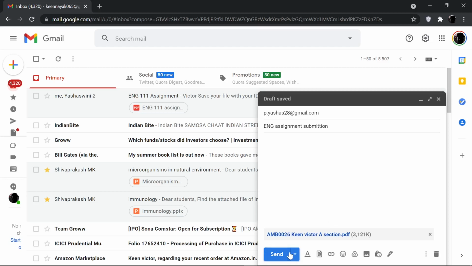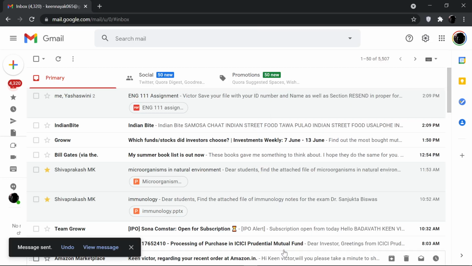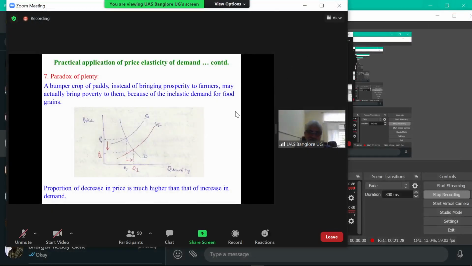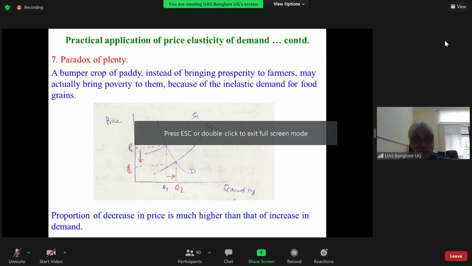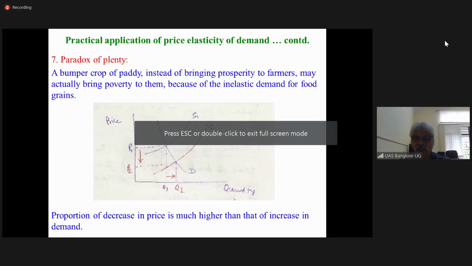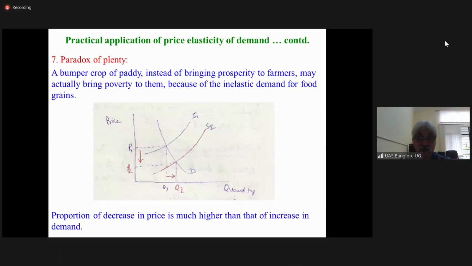So we don't purchase more, and most of the agricultural commodities are perishable. You cannot keep it for a long time. So whether the price is less or price is more, we purchase almost the same quantity usually.